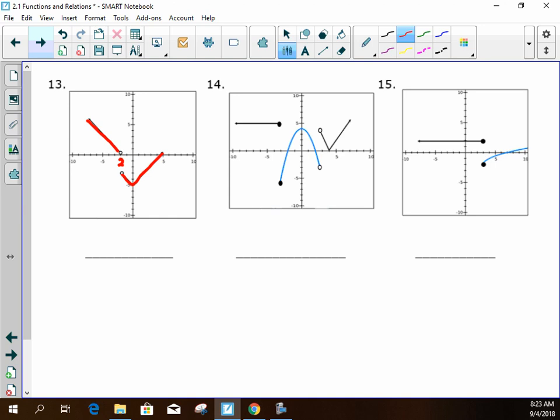Now look over here. Now this is at 3. Do these two lines share the same 3? Yep, because it's closed. So that's a 3 and that's a 3. So this is not a function. Look at number 15. They share the same x value, so no. If you have any sharing of the x, it is not a function.